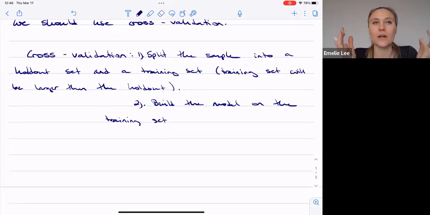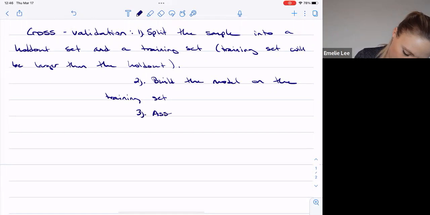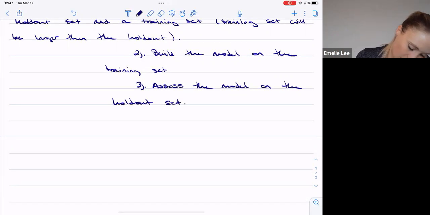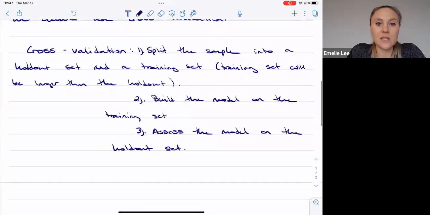You want to randomly select your holdout set, then build your model on your training set and assess the model on the holdout set. So that's the general idea of cross-validation.